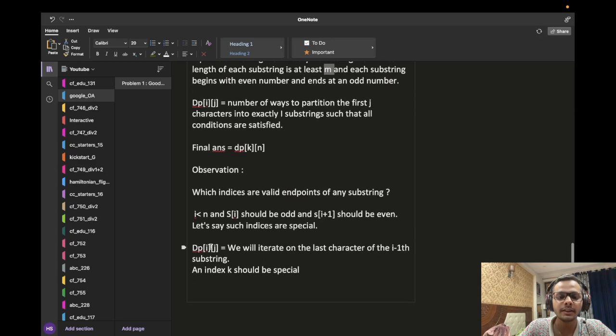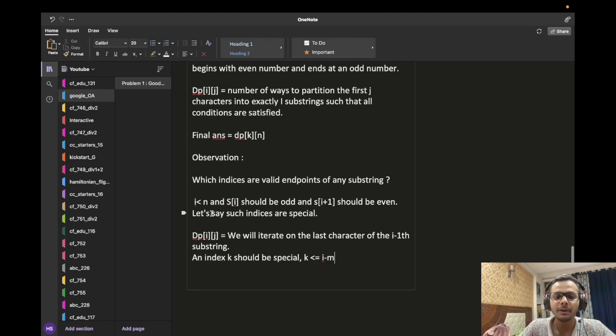So we need to make sure that the length of the ith substring is at least m. So basically j minus m should be greater than or equal to k, right? That means k should be less than or equal to j minus m. Why? Because I am ending the ith substring at position j, sorry.